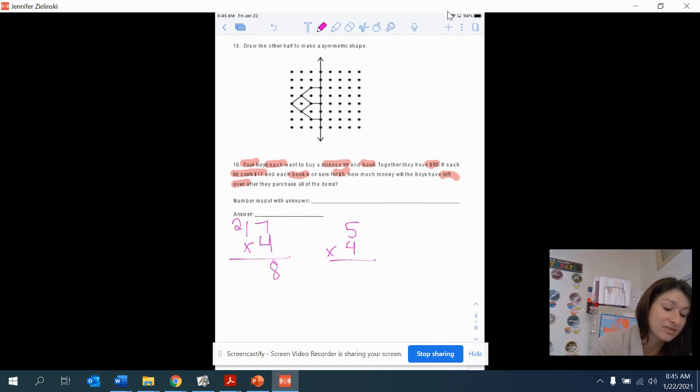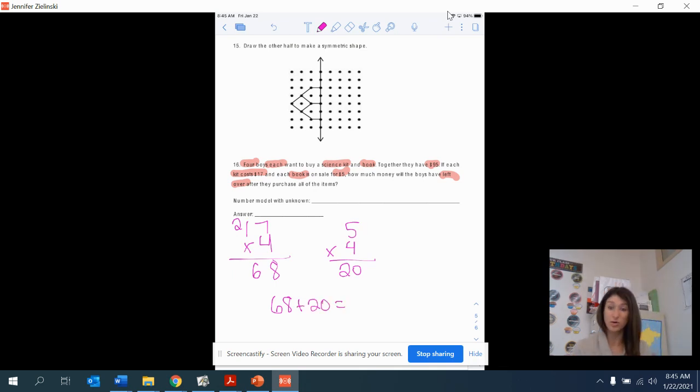And then 4 times 1 is 4, plus 2 gets me 68. And I know 5 times 4 is 20. So what I would need to do is add these two numbers up because we wanted to figure out the total that they're spending. And I know that 68 plus 20 gets me $88.